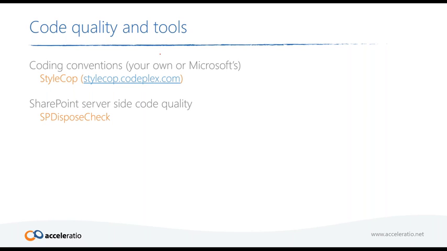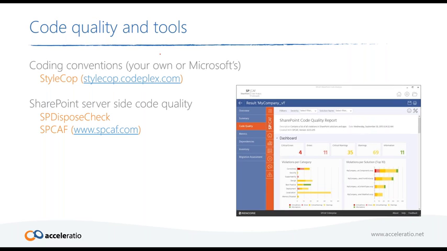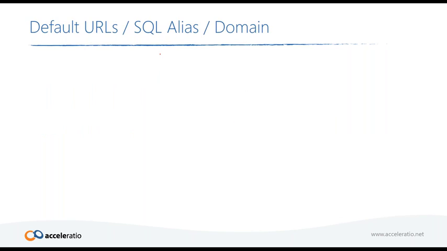This was checking if your developers were disposing memory correctly. Otherwise, they could cause memory leaks. There is a nice third-party tool called SPCAF, available at this address, that can go inside of your SharePoint, grab your stuff, and see if there's some code that's not according to the latest best practices.